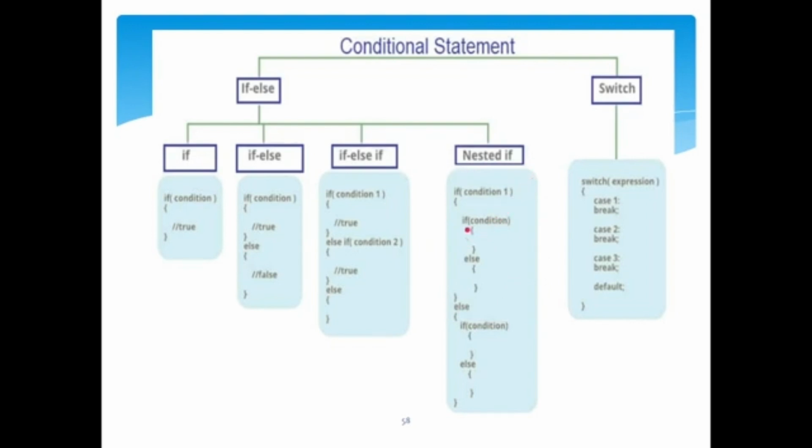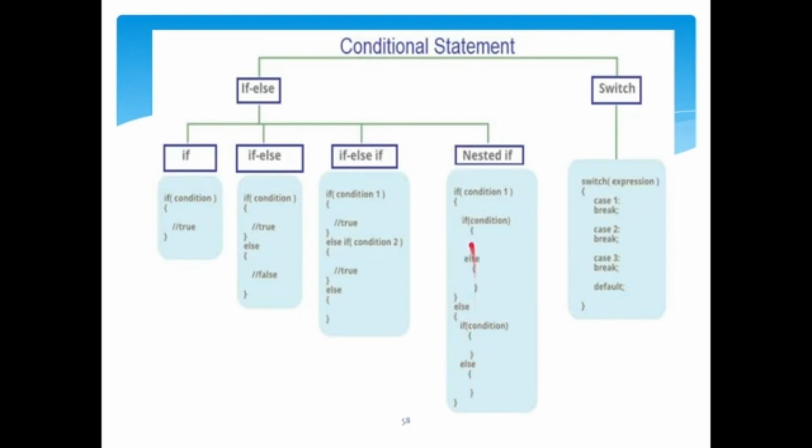Here also I am giving a condition, if it is true, this block must execute, and for else case also I have given a block. And again this else is meant for this outer if condition. So I hope you will understand that. We have simply written one if and one else. Inside this if there is one more if else, and inside this else there is one more if else.